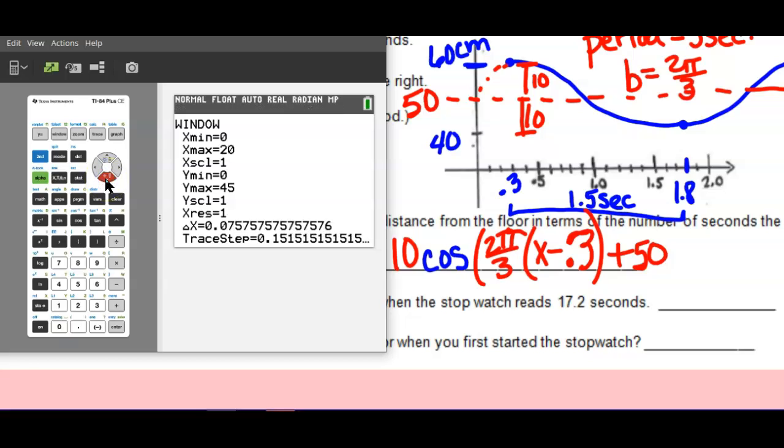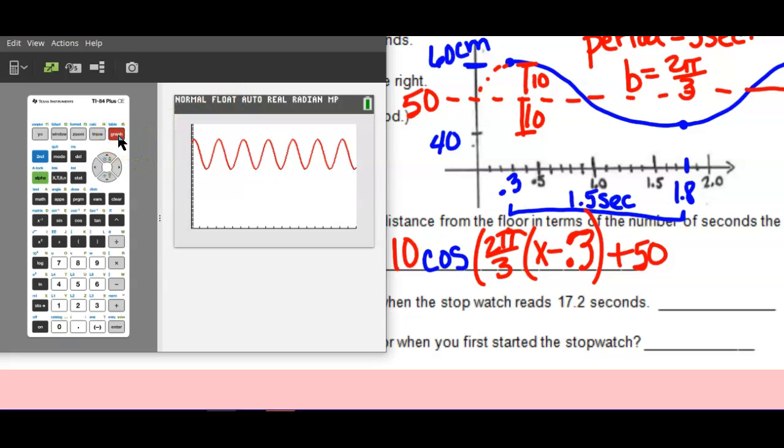And up and down, it got up as high as 60. So you could do like 40 to 60. I'm just going to go 0 to 70 or something. Remember, it's going to bounce between 40 and 60, so it's going to be up kind of high on my graph paper.